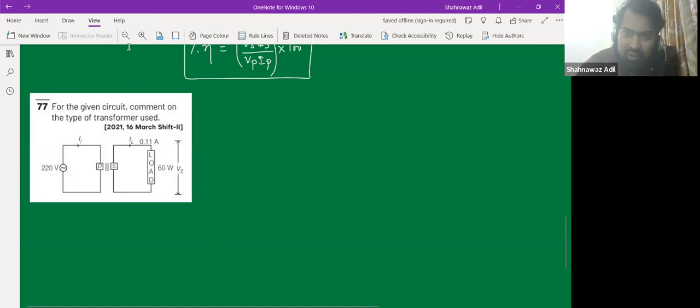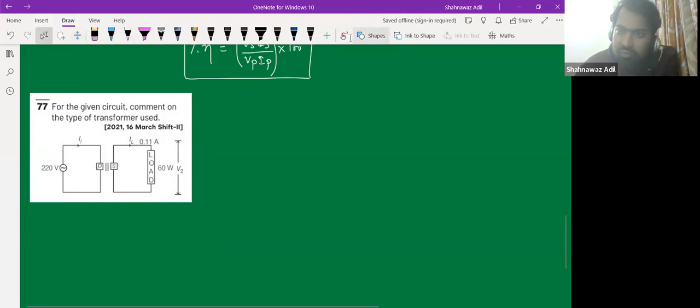Voltage is given, right? What are the things which are given? You are given primary voltage, that is 220 volt. The primary current we don't know.